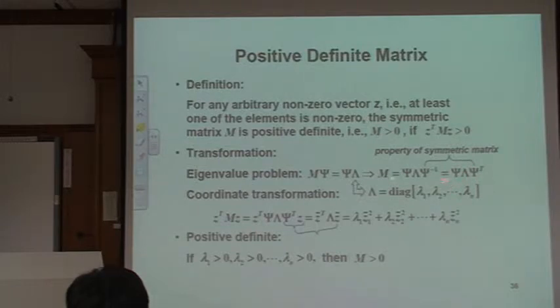So finally, we can diagonalize this matrix, and then we plug in this constraint here. Because M can be decomposed into three different matrices here, right? And you can see Z transpose times phi.